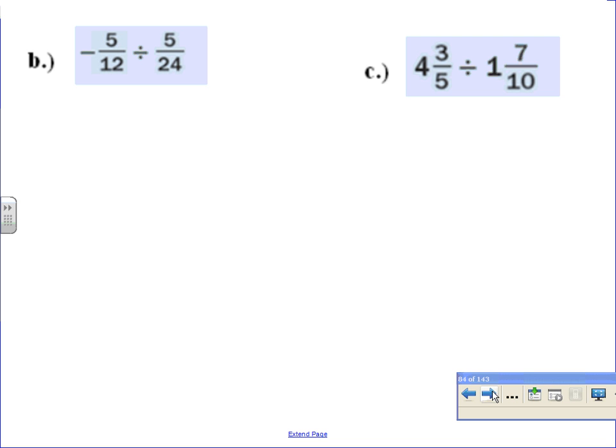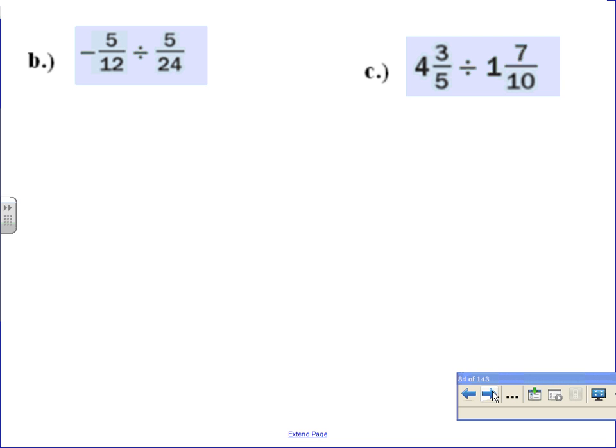Keep, change, flip. Yeah, I mean they're not too bad. This lesson's very short. Okay, you gotta cross simplify. Wait, what did you do? Keep? You didn't keep this one.